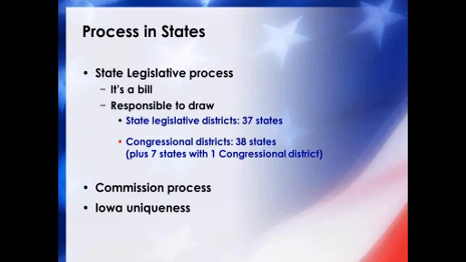In 37 states for the state legislative districts and 38 states for the congressional districts. Now, some states have commission processes, and then there is always Iowa, not only being the first in the country for presidential politics, but it is unique in terms of its process for redistricting, which we can get into later.